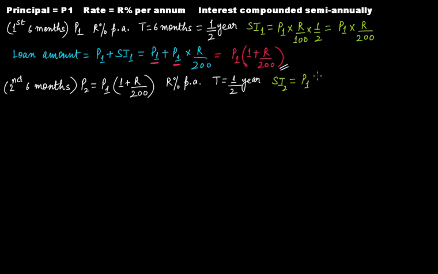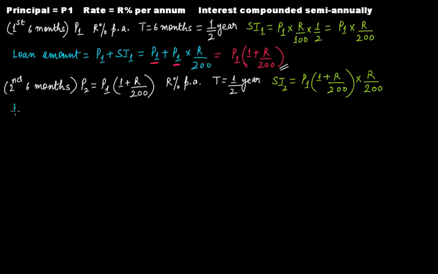P2 is P1 times 1 plus R by 200, multiplied by R by 100 and multiplied by half. So if you write multiplied by half, you can simply write it as R by 200. Just to save the space, I'm writing it as R by 200. Okay, so remember, every time we'll write R by 200. R multiplied by 1 by 2 we'll take as R by 200. Okay, remember. So this is your simple interest for the second period of 6 months.